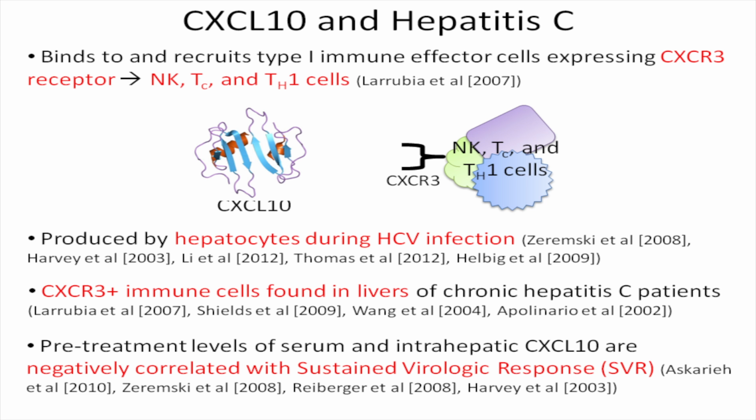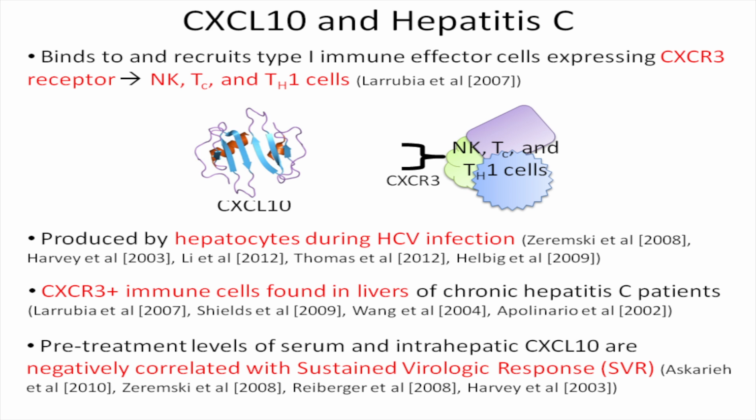CXCL10 binds to and recruits type 1 immune effector cells expressing the CXCR3 receptor. And these immune cells include NK cells, cytotoxic T cells, and T helper cells. And importantly, CXCL10 is induced in pretty much any model of HCV infection, and this includes cell culture, chimpanzee studies, small animal models, as well as humans.